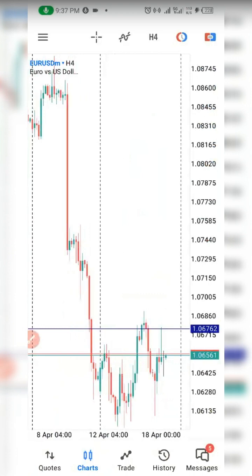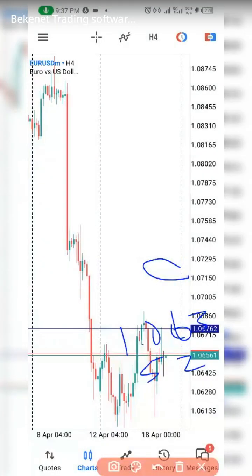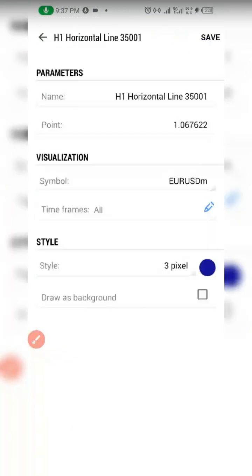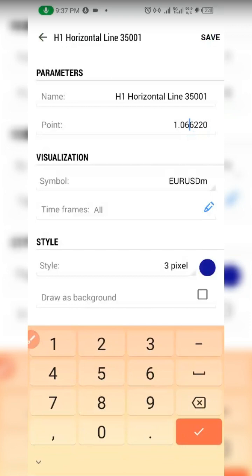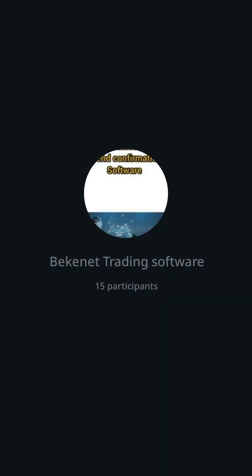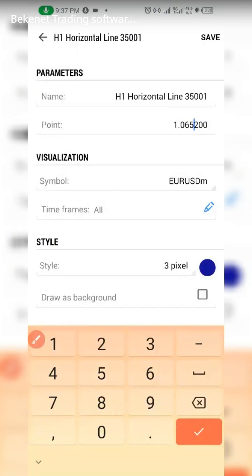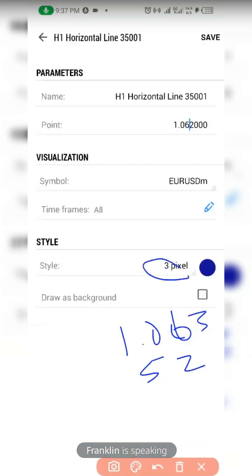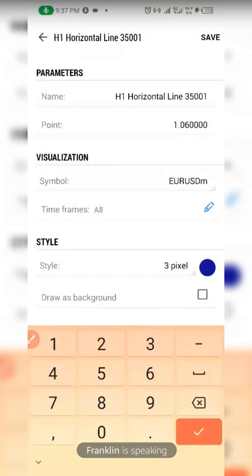So let me plot 1.06353. Come again, please. 1.06353. All right, let's see what's going on here.